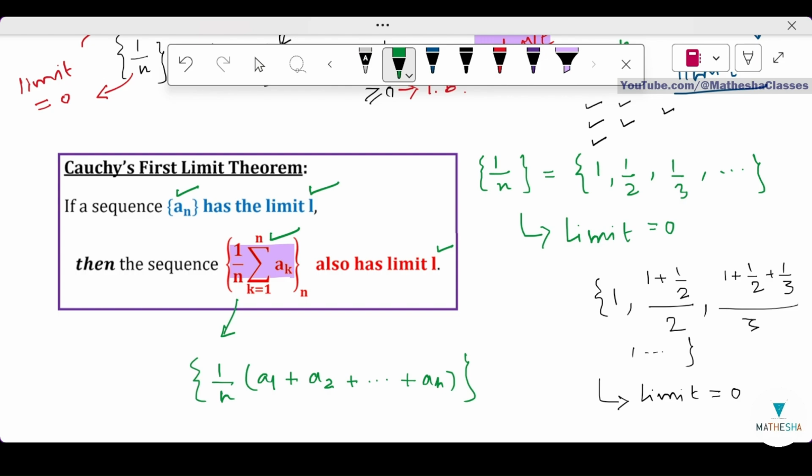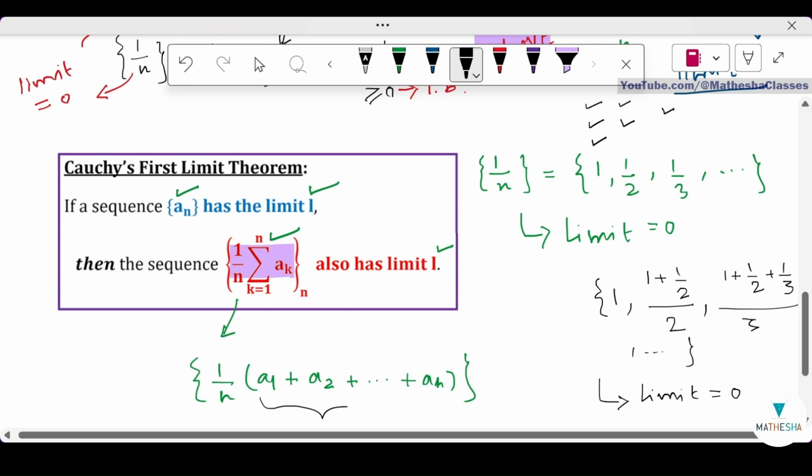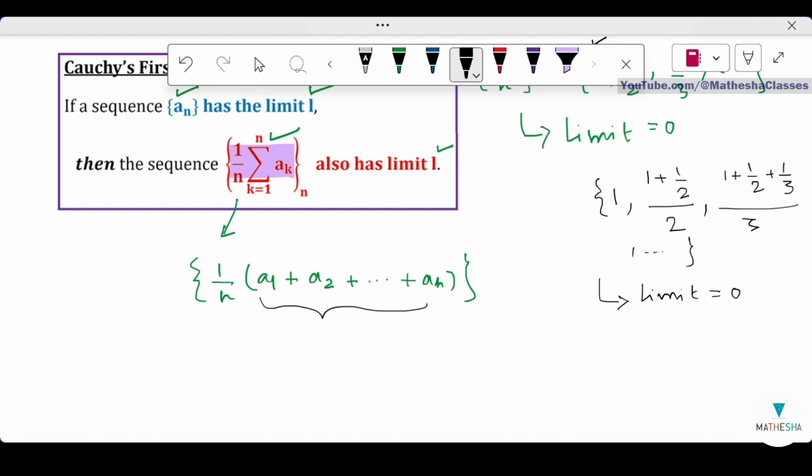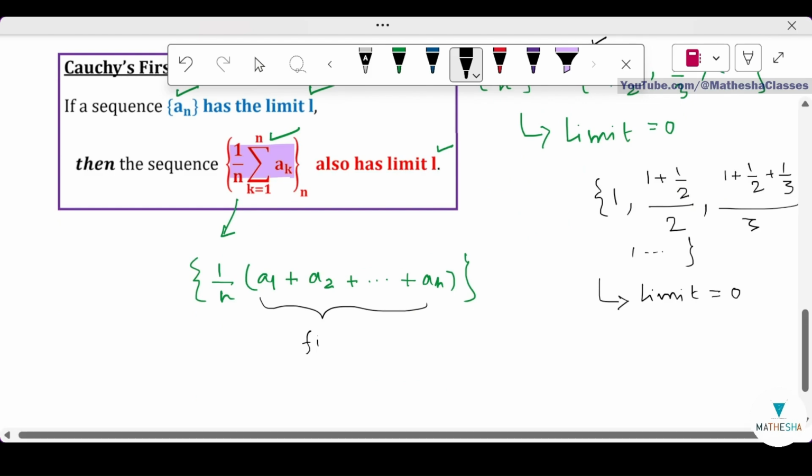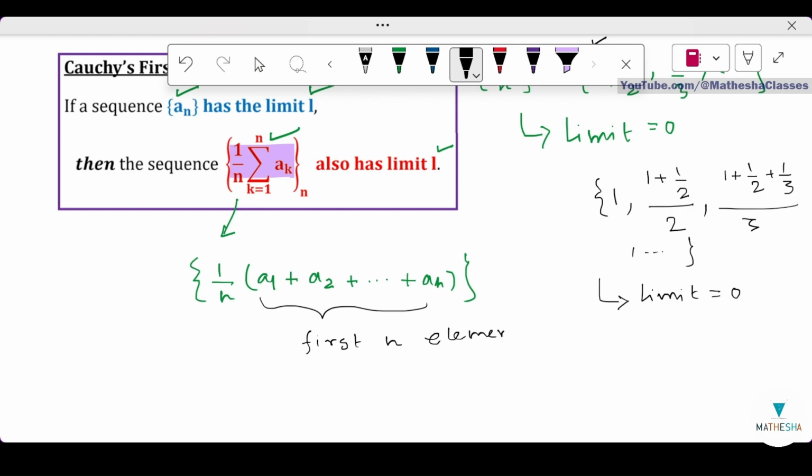So nth term of the sequence is the arithmetic mean of the first n elements of the original sequence.